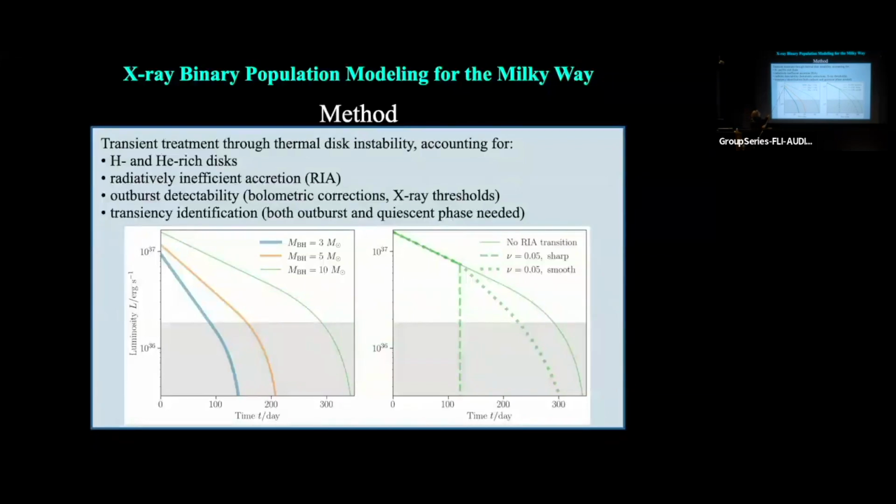It's something that goes up and then slowly comes down, over what times depends on the black hole mass based on the understood physics. Then we also had different kinds of transitions. Here's one that's sloping and comes down like a rock, or something that's smoother. So we tried all kinds of things to assess sensitivity of these assumptions to our results.